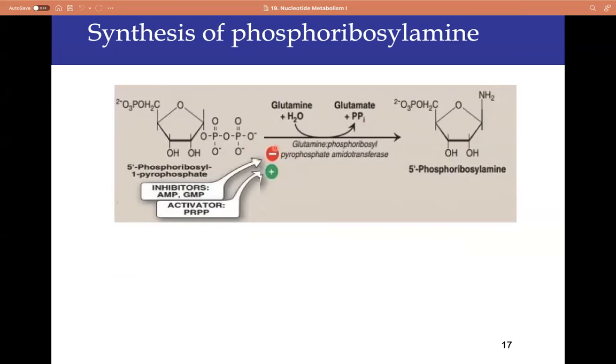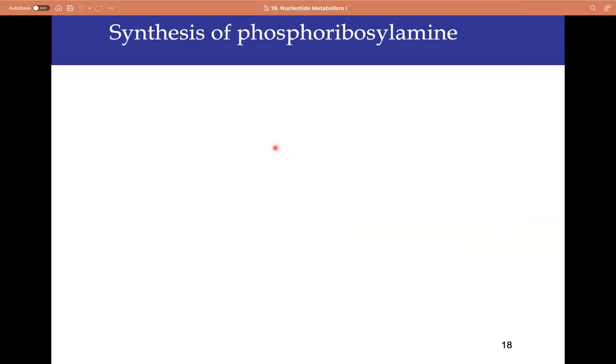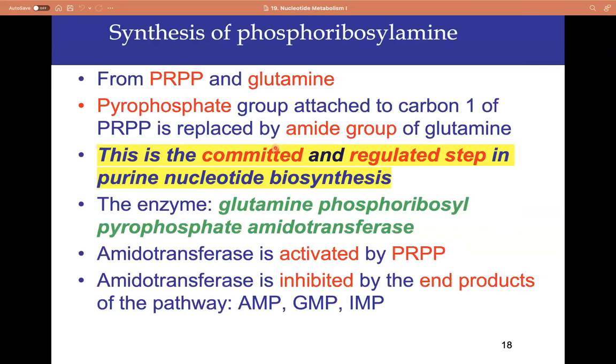It's activated by PRPP, inhibited by the end products. We just covered that. Okay. Now coming to the synthesis of phosphoribosylamine. We mentioned that this is the committed and the regulated step. It's inhibited by AMP, GMP, IMP, activated by PRPP. It's the same thing we just covered. Okay, moving on.